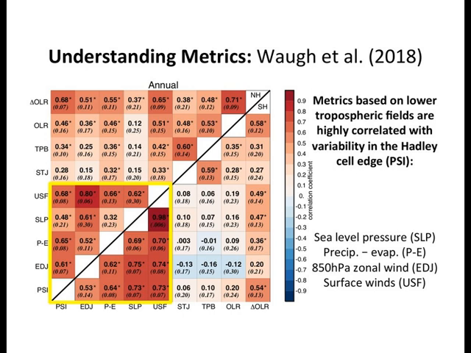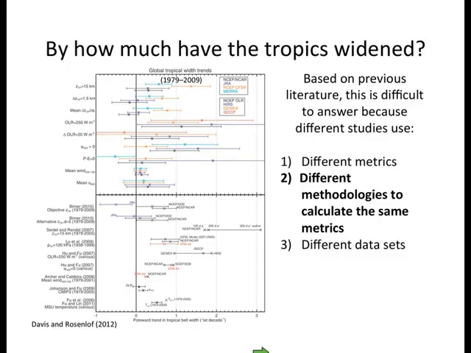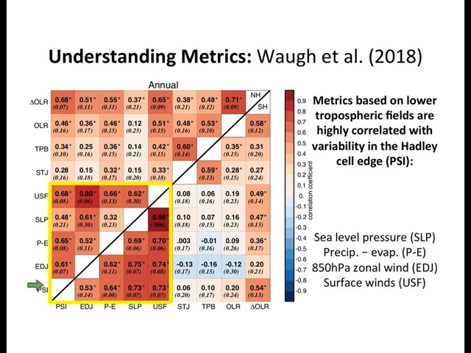And so basically you can see that the largest, most significant correlations are in the bottom left corner here. What that suggests, if you go back to the previous slide, is that all of these so-called lower tropospheric metrics, so metrics based on the surface wind, sea level pressure, precipitation minus evaporation, are very strongly correlated in models in terms of their interannual variability.